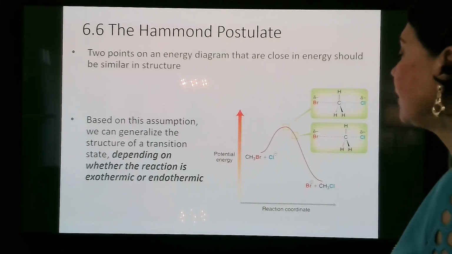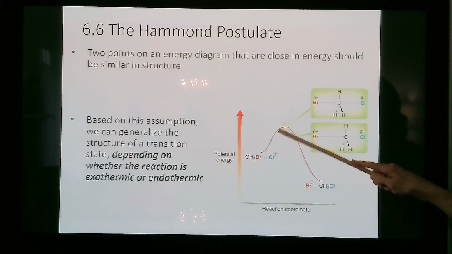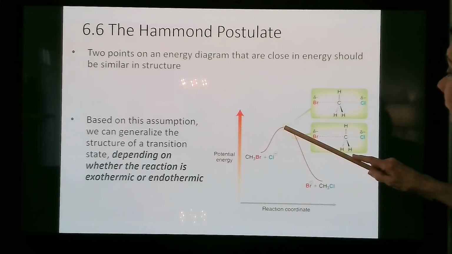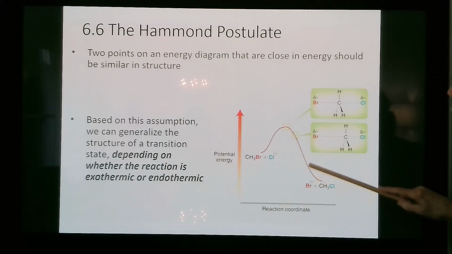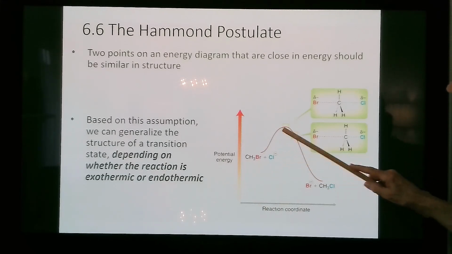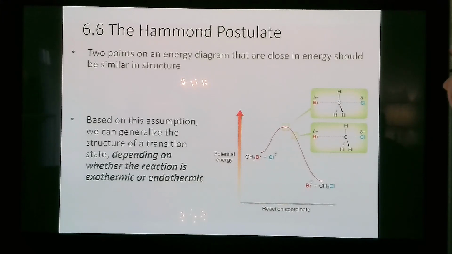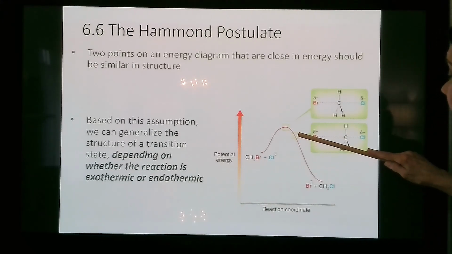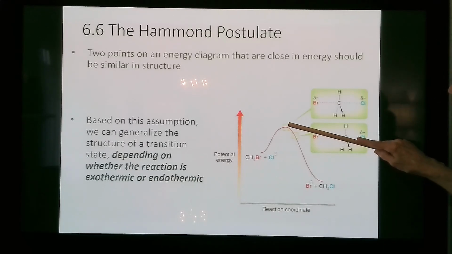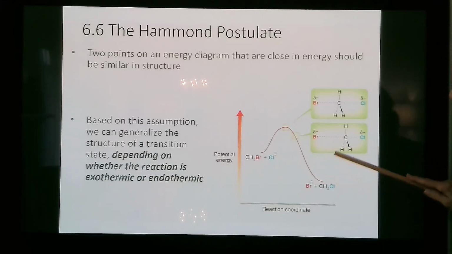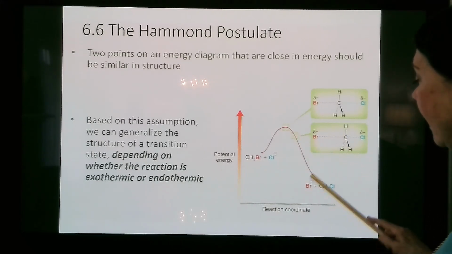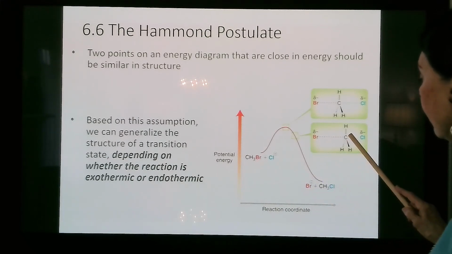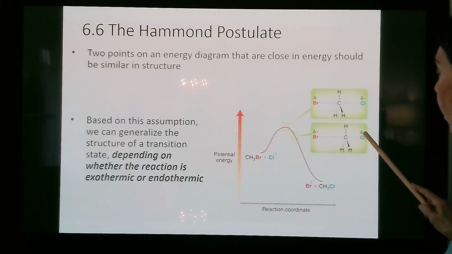The Hammond postulate. Related to these diagrams, you can see here that this is going to be the transition state, the highest point on the diagram of energy versus reaction coordinate. This is just an arbitrary point that they selected to represent where the reaction has moved on down towards the product. Moving on down towards the product, the bromide is moving a little farther away and becoming more and more isolated. The carbon-chlorine bond has formed a little bit more.